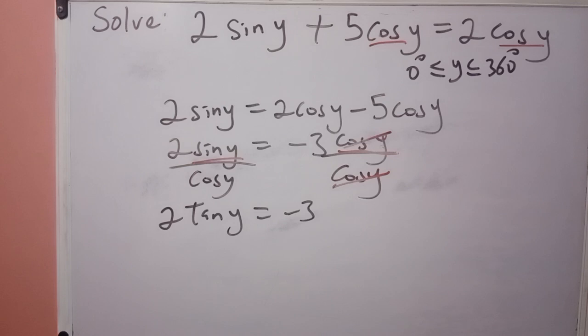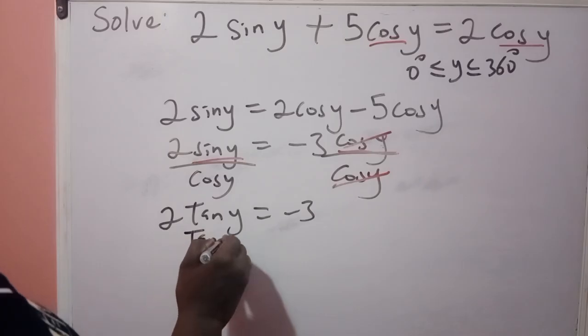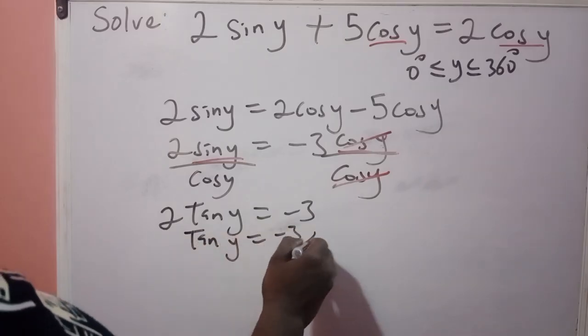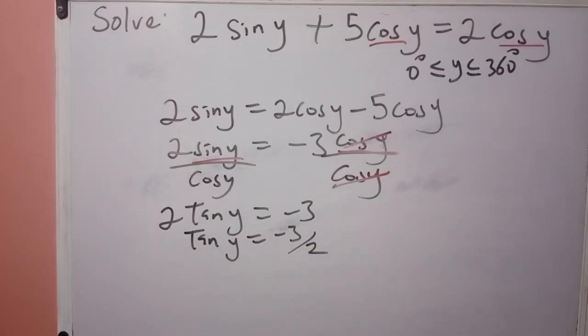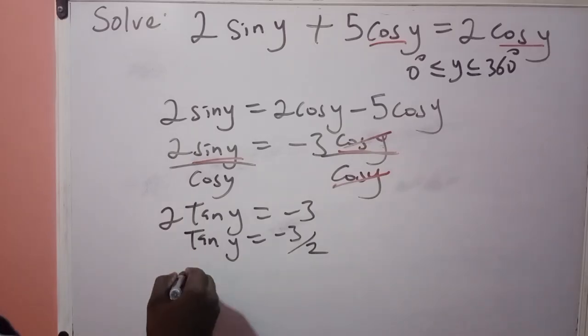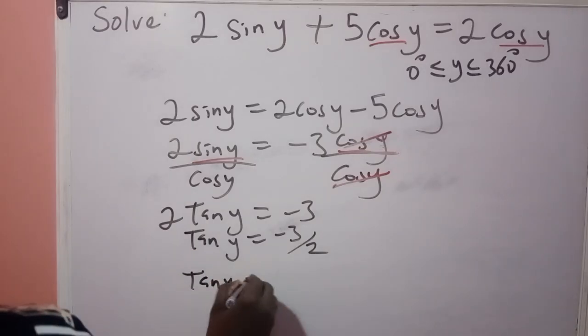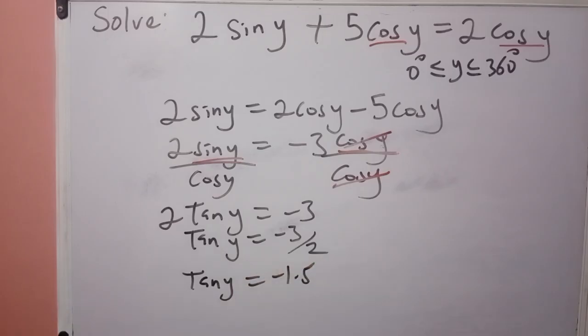So in this case, you can see that my tan y will be equal to minus 3 over 2. Having minus 3 over 2 gives me a much better way of solving this. So my tan y is equal to minus 1.5.